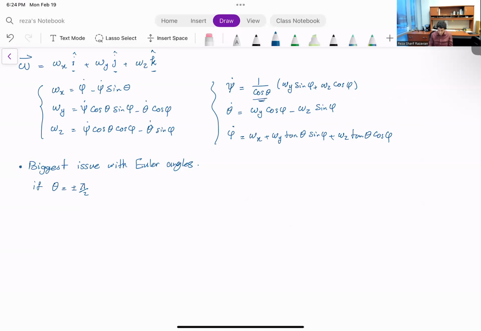Even if your body is well behaved, rotating at a certain velocity, at the moment your body goes into a configuration where you calculate theta to be 0, in that configuration your psi dot and phi dot will be infinite, and that is what we call singularity.